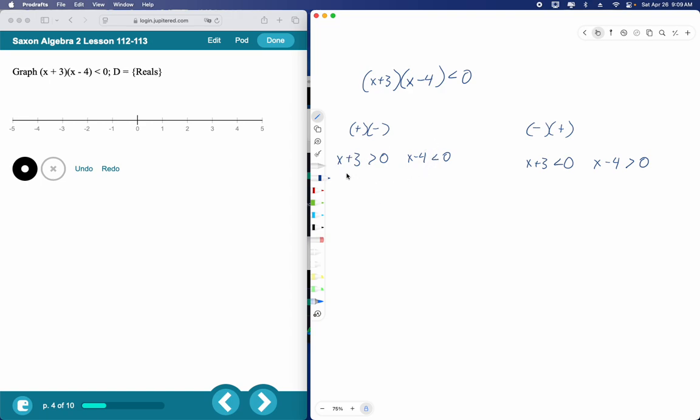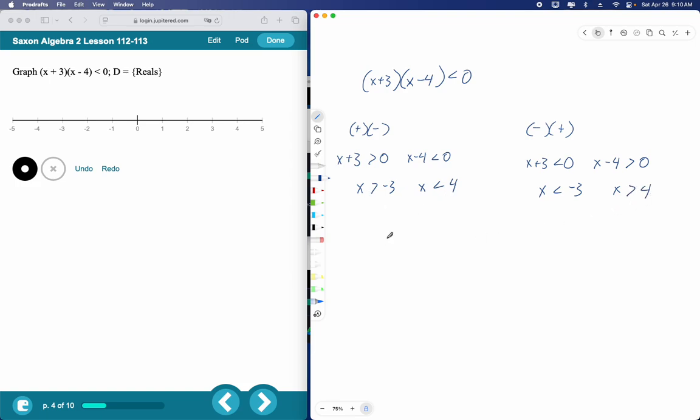So now we solve. x is greater than negative 3, x is less than 4, or x is less than negative 3, x is greater than 4.